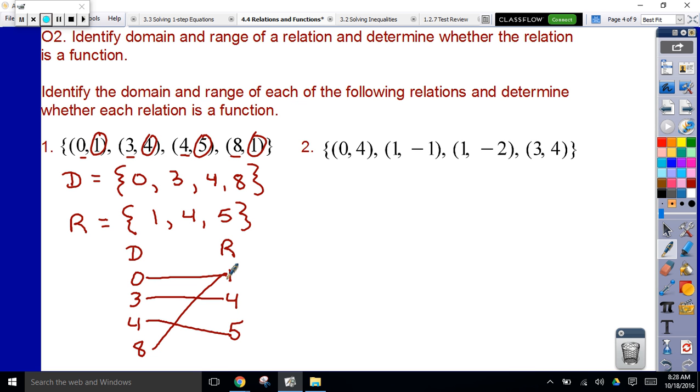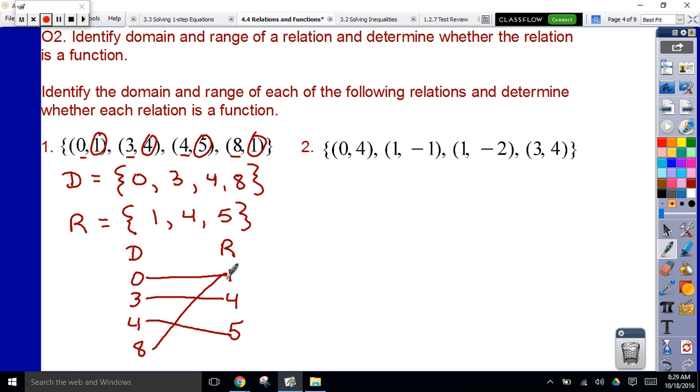Some of you are saying no. The correct answer is actually yes. Each input does have exactly one output. We do have an instance where this output had 2 different inputs, but we don't care about that. You're allowed to have 2 inputs that go to the same output. That's allowed. You just can't have any inputs that go to 2 different outputs.